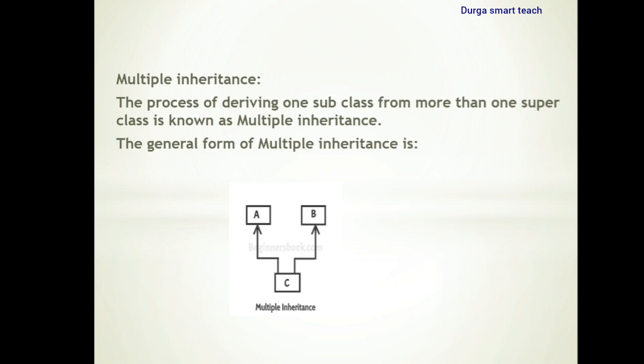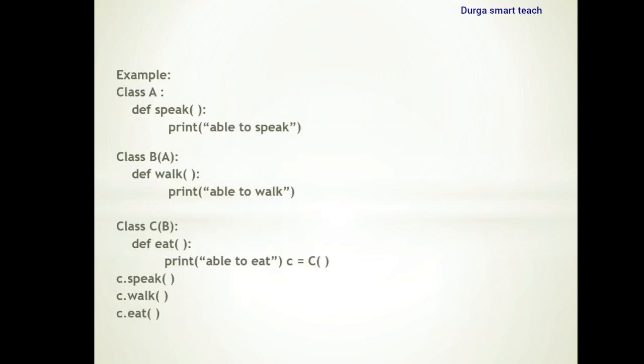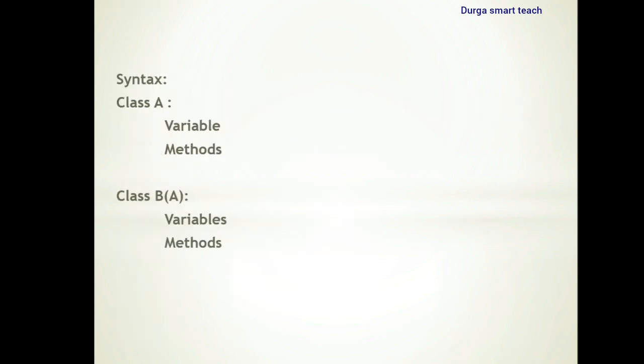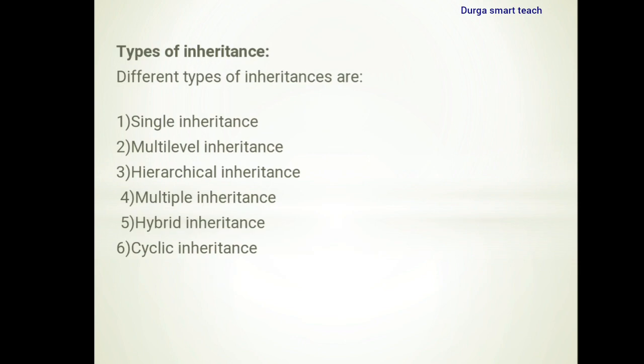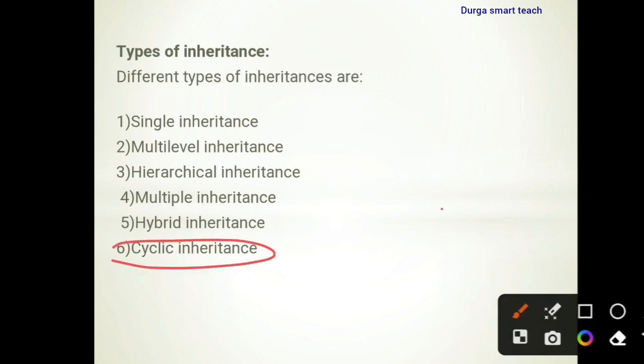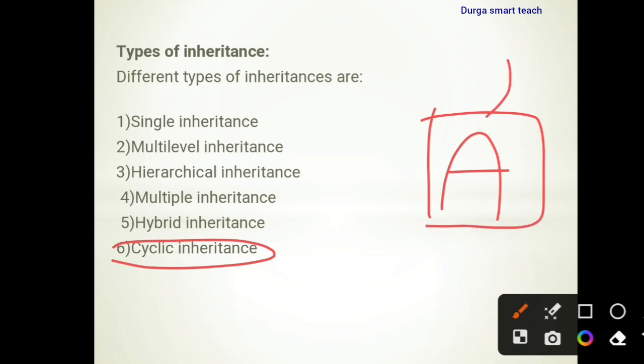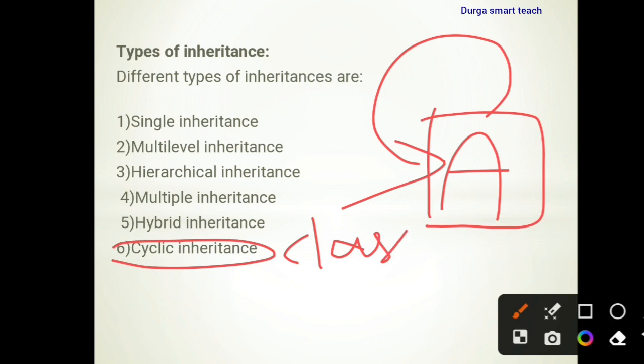So next, the last one is cyclic inheritance. Cyclic inheritance is nothing but the subclass is derived from the same subclass. Okay. For example, class A. Class A contains variables and methods, right?